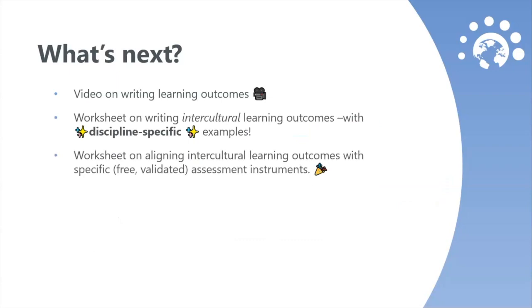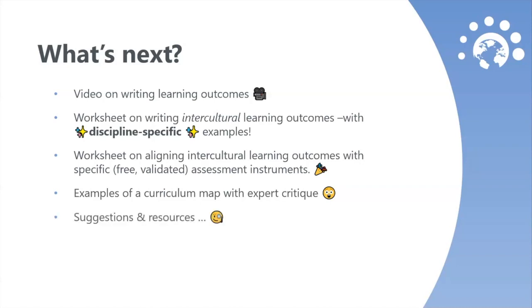There will also be a worksheet on aligning intercultural learning outcomes with specific assessment instruments, which are free, validated, and open source. I'll give you some examples of a curriculum map with my own expert critique thereof. And I'll give you more suggestions and resources for diving deeper into good curriculum mapping.